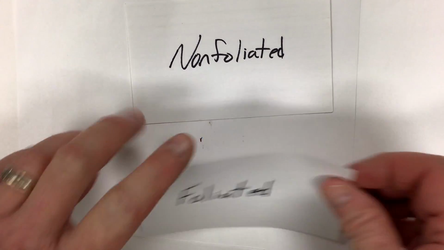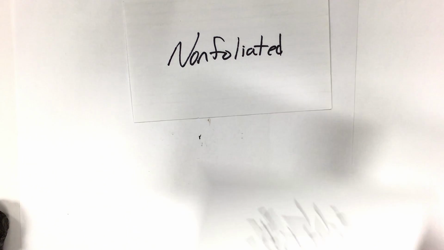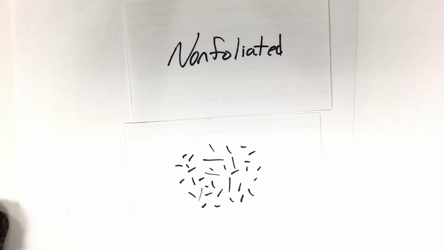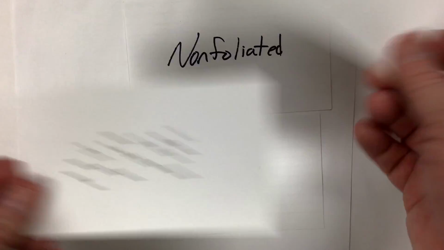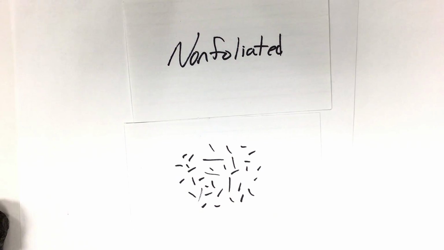All right? Non-foliated is when the mineral grains do not line up and they're just all over the place. They do change, they do come together, they do rearrange. That makes them metamorphic, but you have either the foliated or the non-foliated.